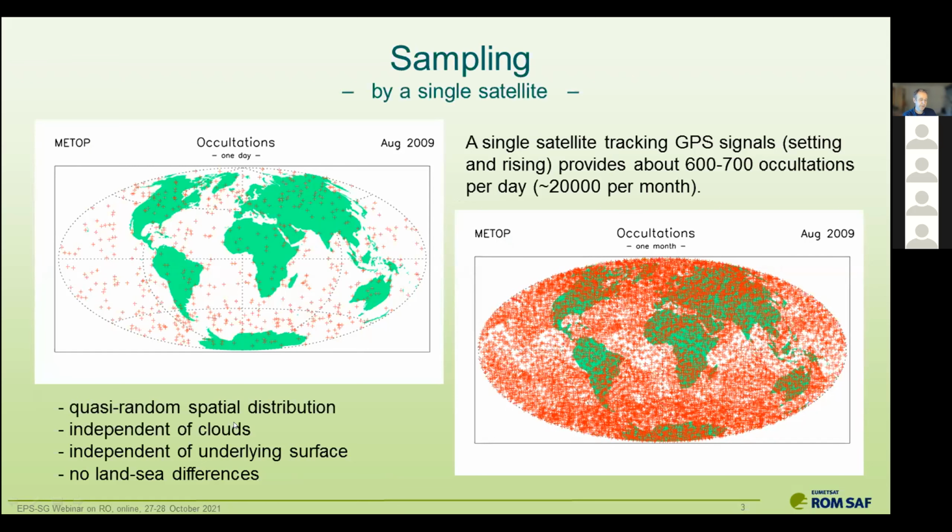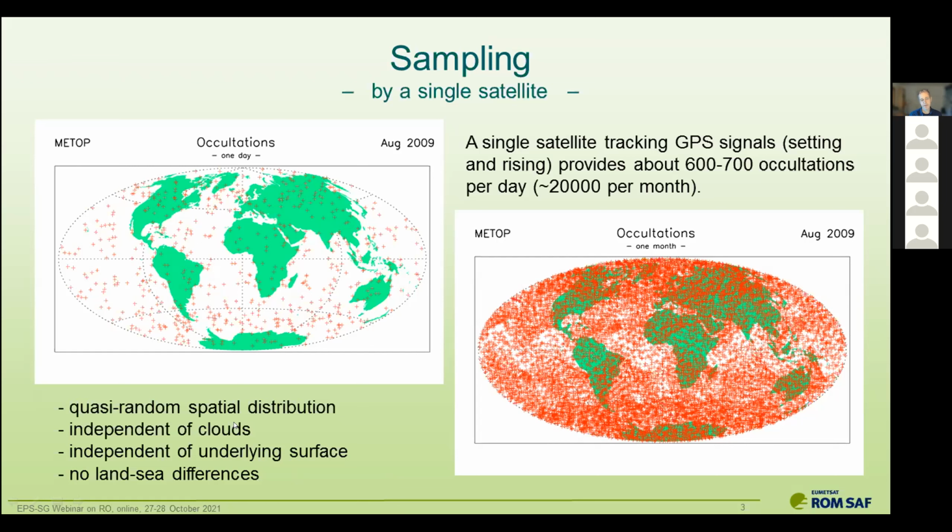One is a quasi-random spatial distribution in latitude and longitude, and that is because it is a limb sounding instrument, and we get an observation in the direction of a GNSS satellite. In reality it's not random, but it looks random.